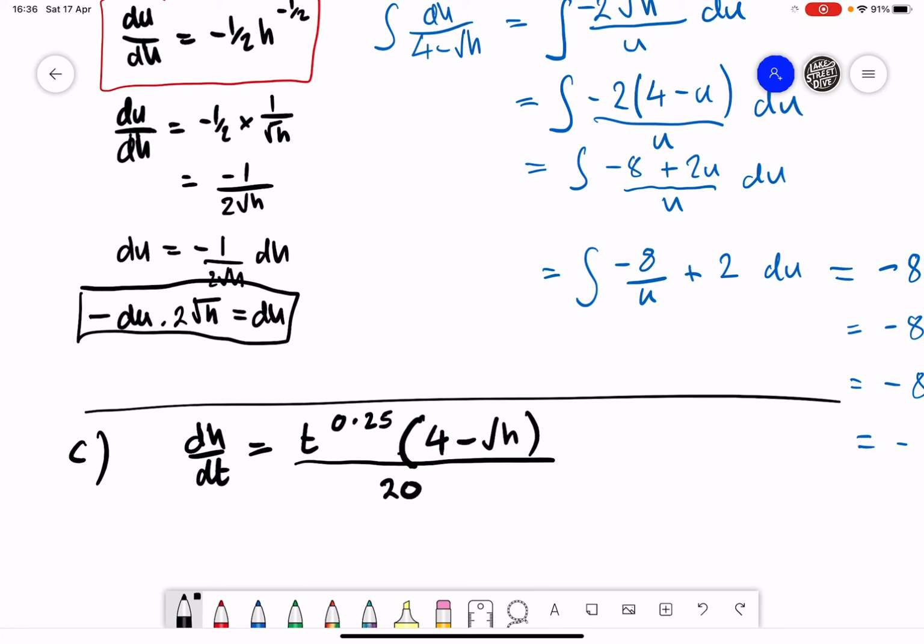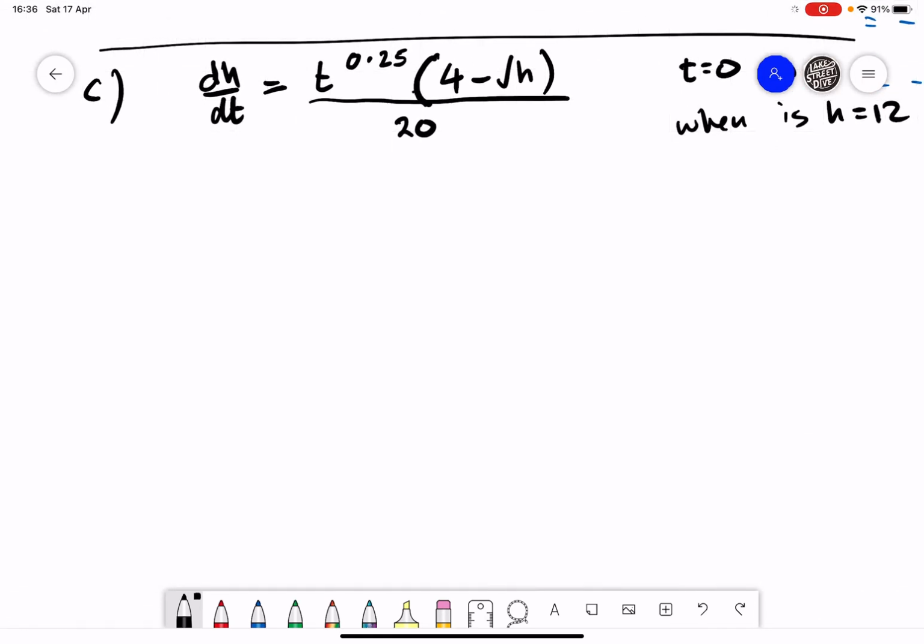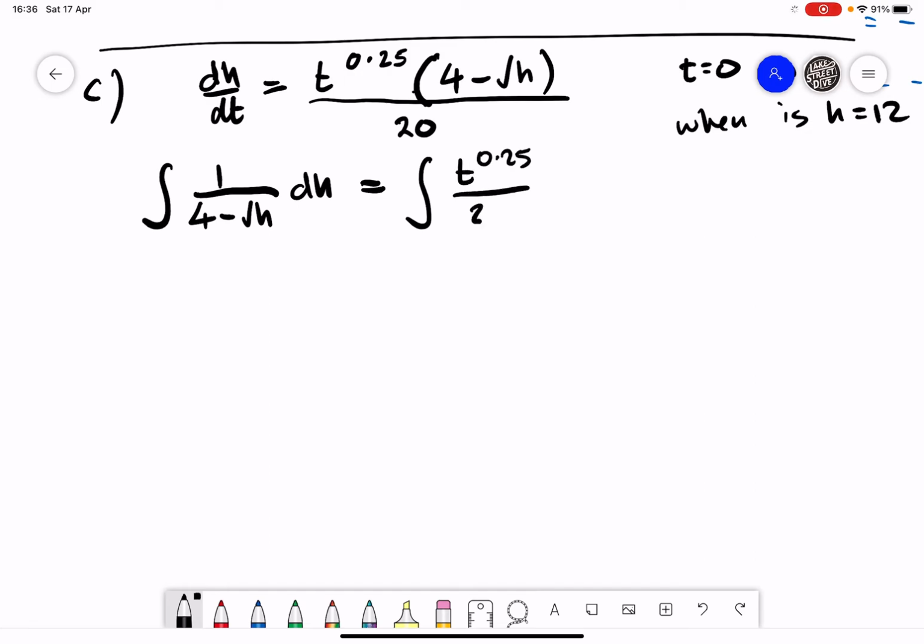Okay, differential equation time. What we need to remember is that if t equals 0, h equals 1, and we want to find when h equals 12. That's the question we're solving. So let's fire away into this one. I'm going to begin by separating the variables. That gives me the integral of 1 over 4 minus the square root of h dh is equal to the integral of t to the 0.25 over 20 dt.